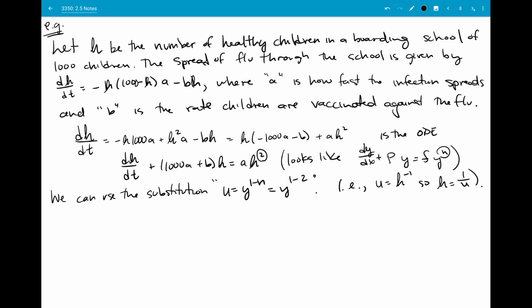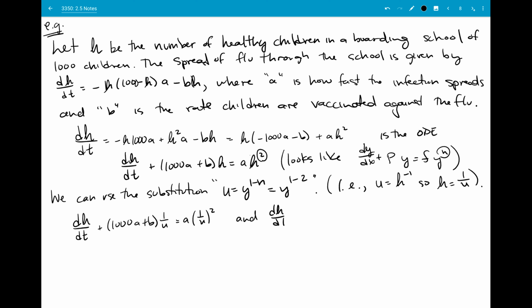Because H to the minus 1 is 1 over H, so when you solve for H instead, you get H is 1 over u. So we can go ahead and plug in our substitution. So dH/dt plus (1,000a plus b) times H, which is 1 over u, is equal to a times 1 over u squared.